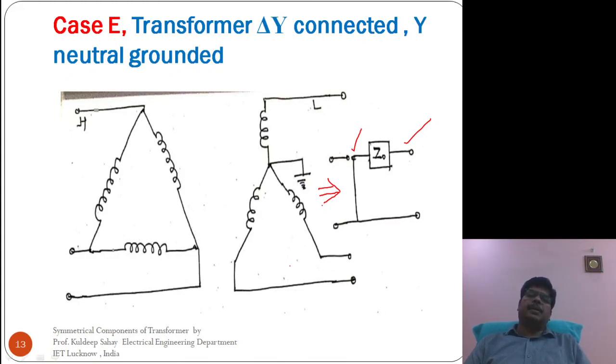Terminal connection means whether it is a star or delta, and condition means whether the star is grounded or ungrounded. So for different cases there will be different connections and different values of zero sequence current. So in a transformer, positive and negative sequence current as well as impedance remain the same, while the zero sequence current changes and the zero sequence impedance also varies, depending upon the terminal connection and terminal condition.